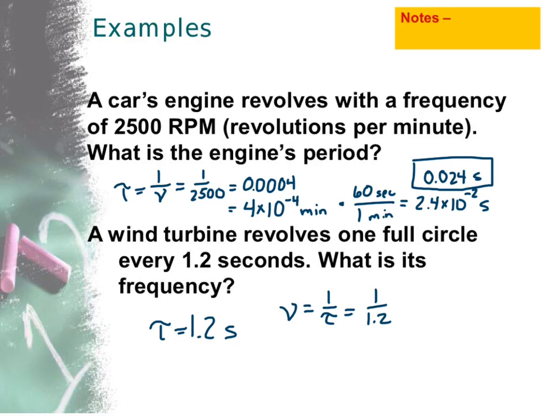And that's going to give me a number that's somewhere close to 0.88. That one I'll have to kind of look up, but anyway, if you were to punch this into your calculator, you'd definitely know what it is. And what are the units? We would say this is revolutions per second. Okay. So that would be my frequency.